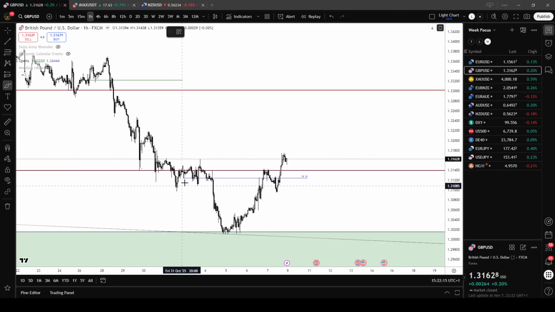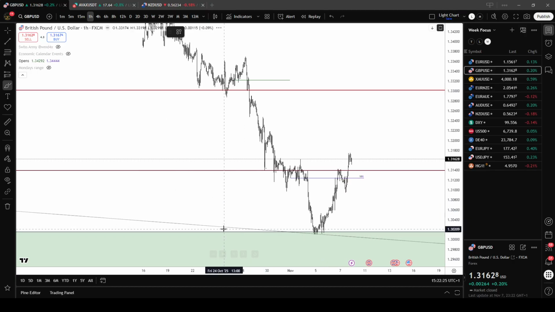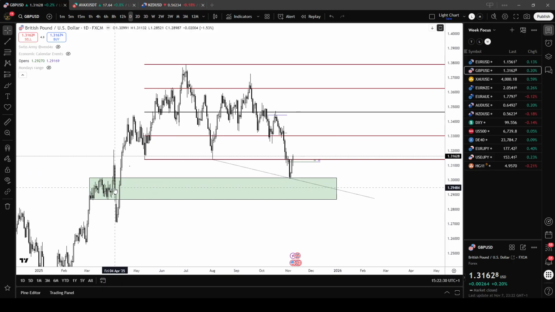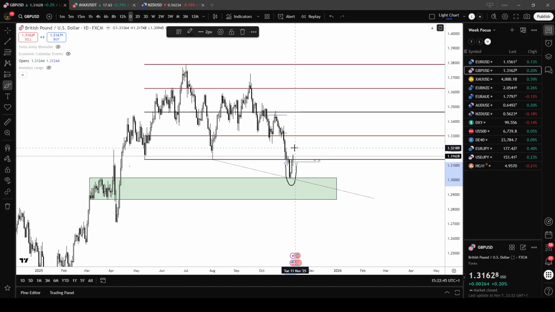Price was at this area, and instead of making a double bottom or some bottoming formation, it just broke lower, and we were anticipating that this green box would mark the low on the GBP, and probably a move lower and close above the monthly open, the November monthly open, could easily push GBP into the mid-range again.